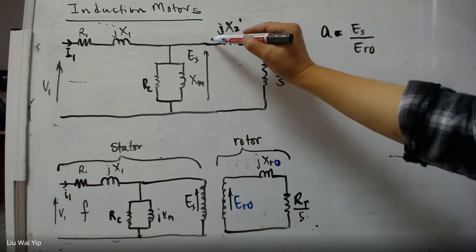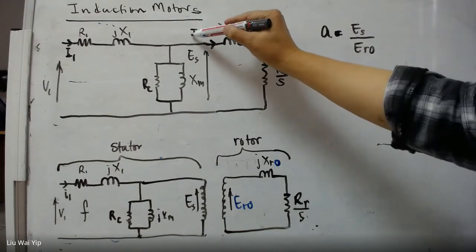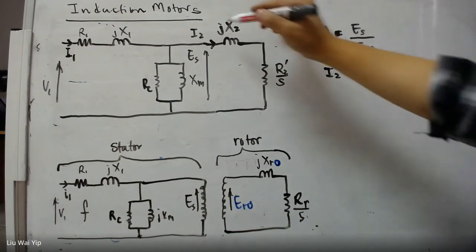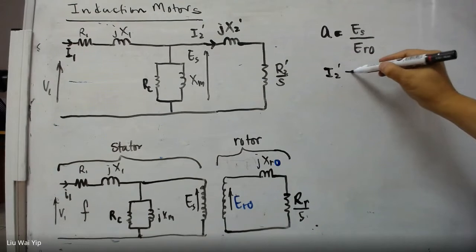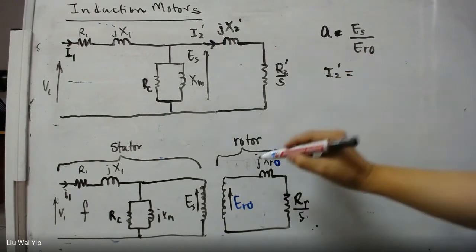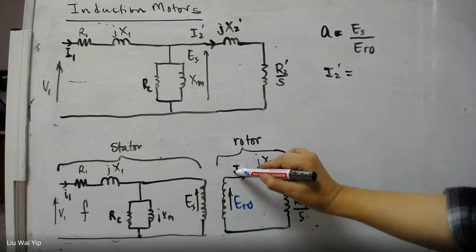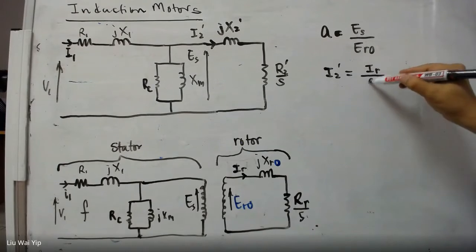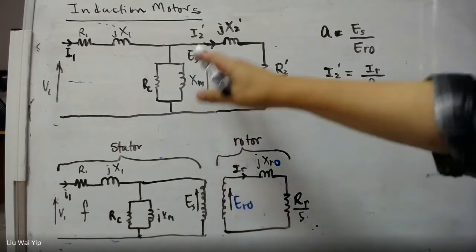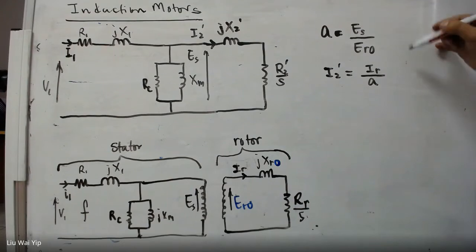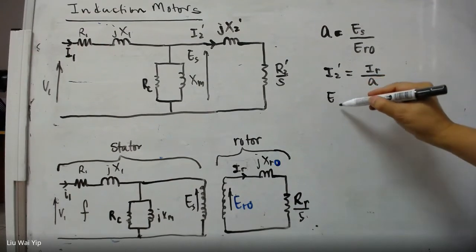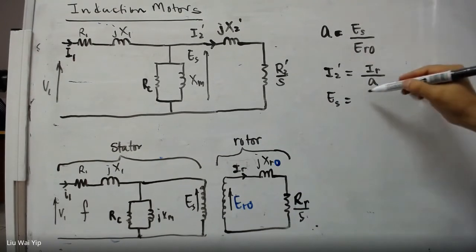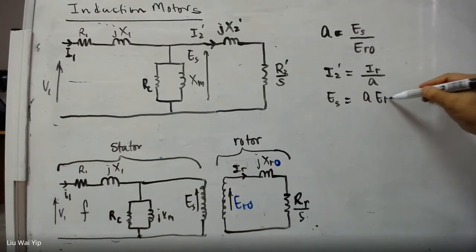And if you have a current here, I2, you should say dash, right? I2 dash is the referred current. Originally, the current here is IR, so I2 dash is IR divided by A. And the voltage here, ES, is going to be A times ER0.